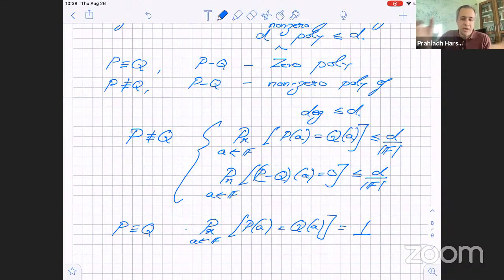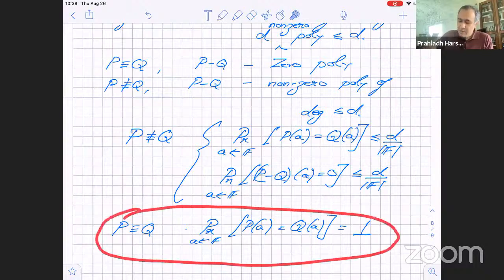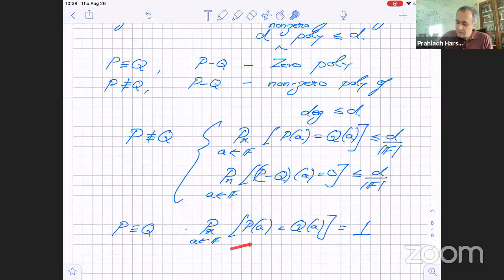With probability 1, if the two polynomials are the same, their two evaluations will be the same. If the two polynomials are different, they can agree only at a limited number of places. There are at most d roots, so there would be at most d places where they can be identical. So if you happen to pick one of the other points, then certainly you're going to observe that the two polynomials are different.